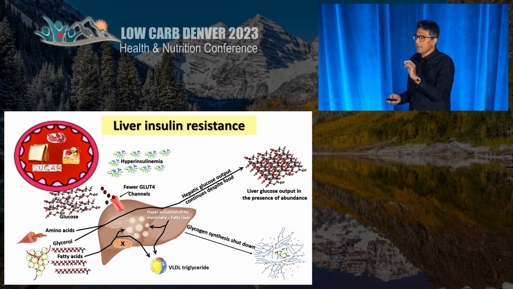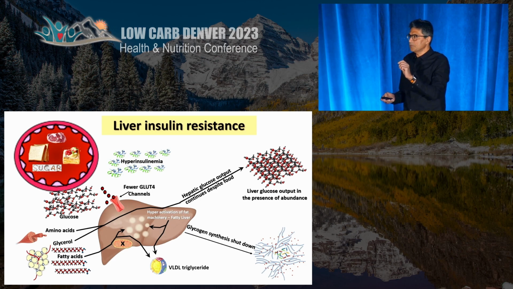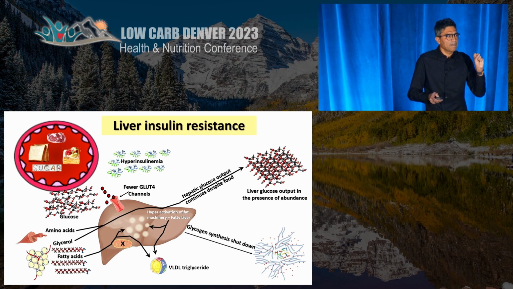However, in the setting of insulin resistance, the insulin cannot recruit the GLUT4 channels. The amino acids from fat breakdown and the glycerol from lipolysis continue to be taken up by the liver, and in the midst of plenty of food coming in, the liver puts out glucose when it shouldn't.